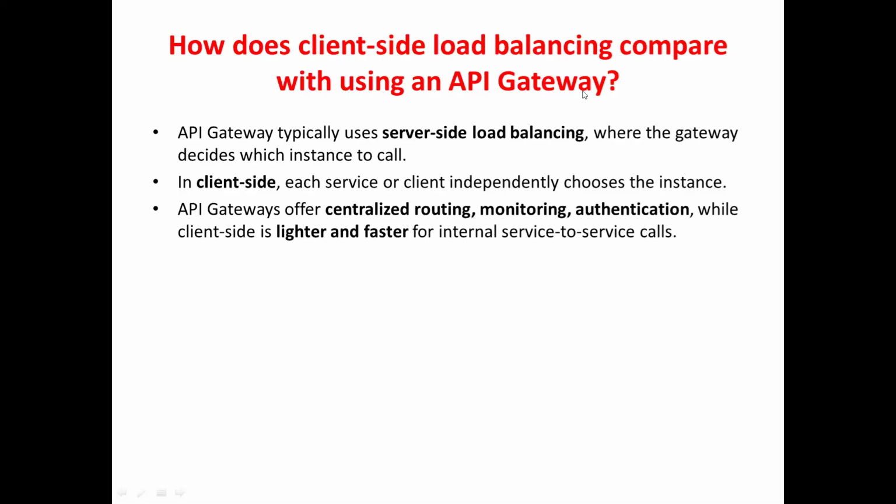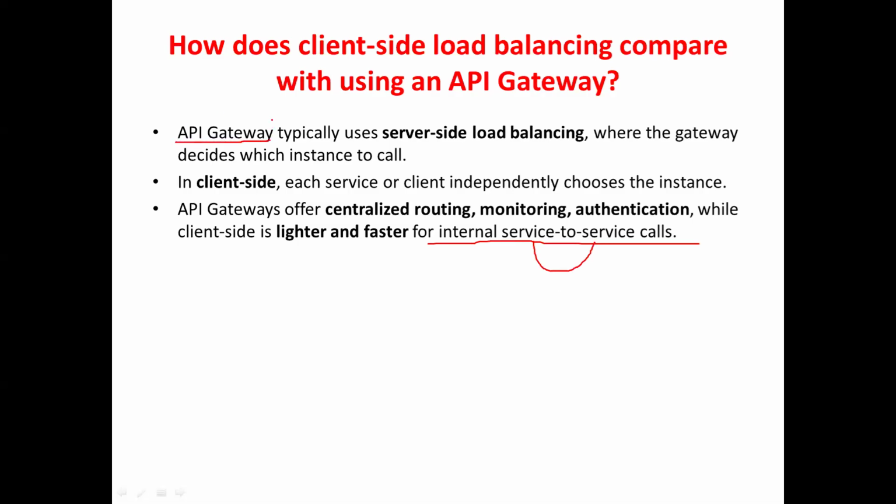Client side means each microservice client independently chooses the instance. In server side, the API gateway offers centralized routing, monitoring, authentication, whereas client side is lighter and faster for internal service to service calls.